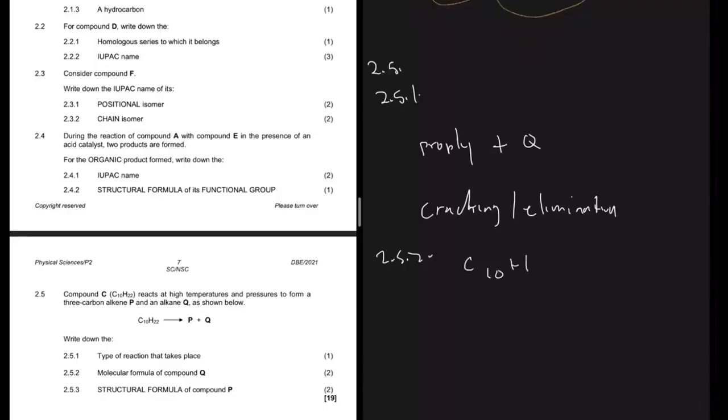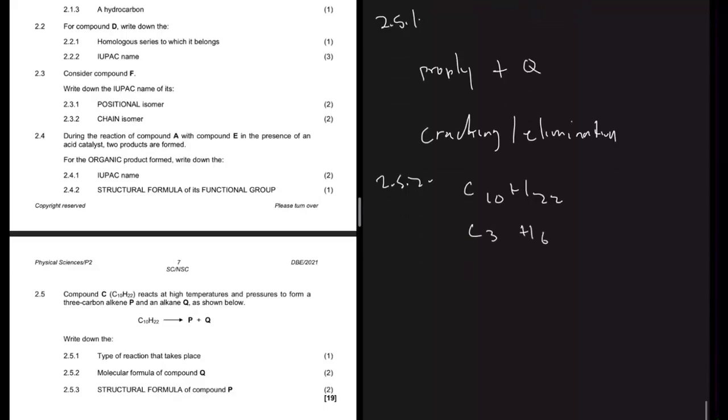Then 2.5.2 says molecular formula of compound Q. Okay, so we start with 10 carbons, and then we have 22 hydrogens, right? And then we have a 3 carbon alkene. So this is supposed to be H of 2n, n is 3 in this instance, so that will give us 6. So what's left? 10 carbons, and then we subtract 3 carbons.